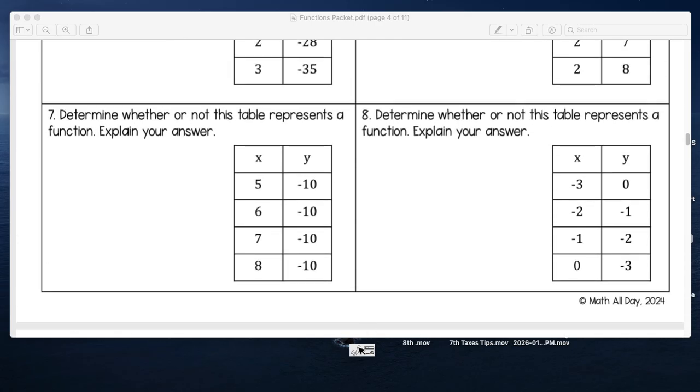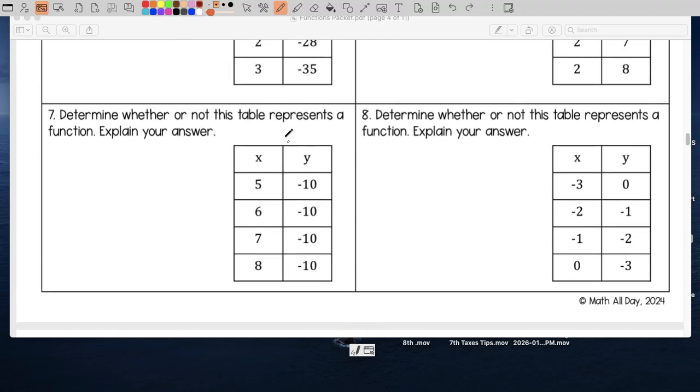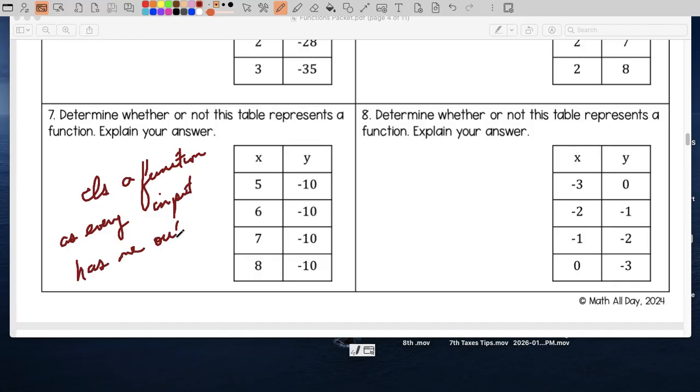Again, more tables. So this one, again, think about this. When you have an input of 5, you have only one output. Yes. 5 has no other output except -10. This is a function, as every input has one output. Okay.